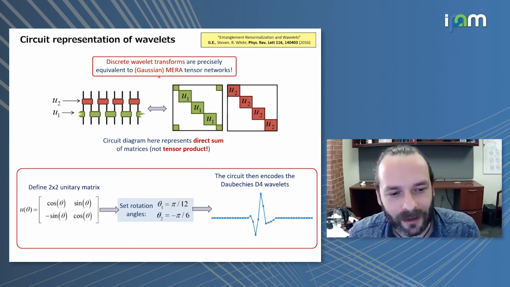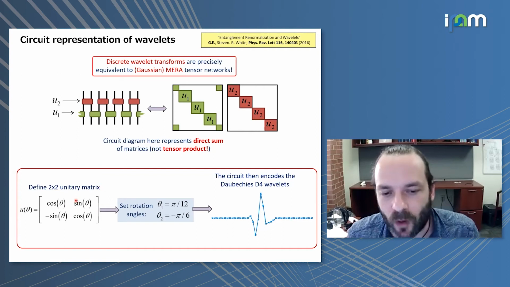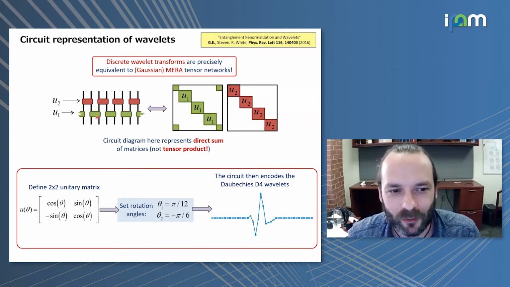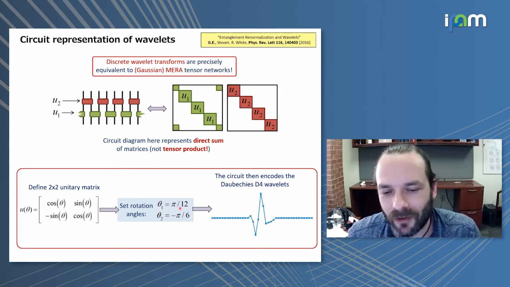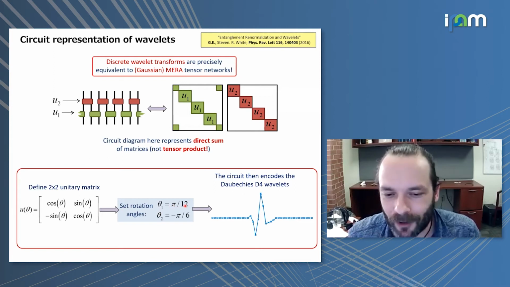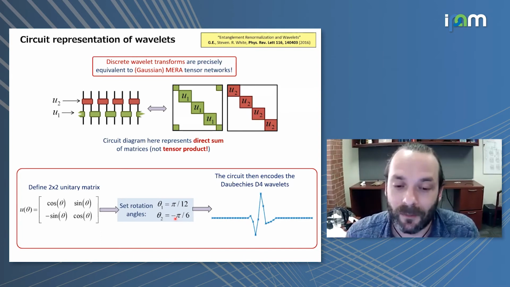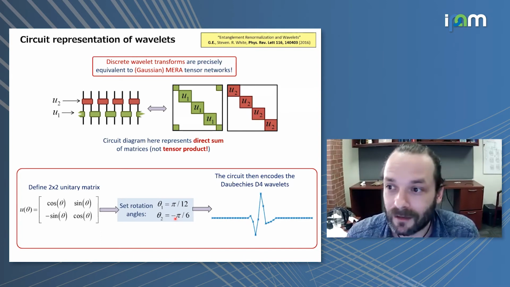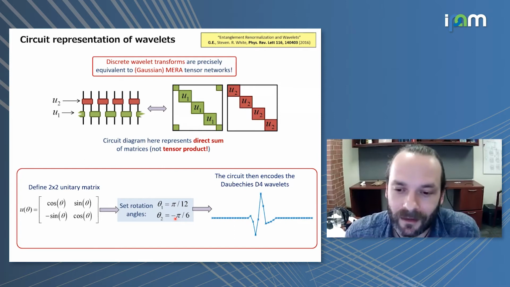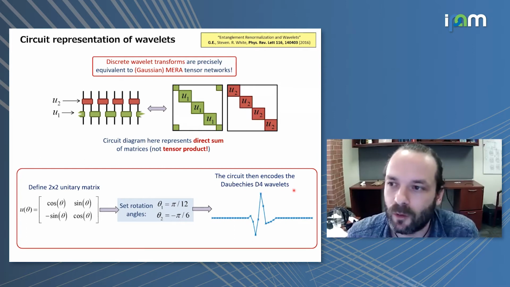So in this case, if I have a 2x2 unitary matrix, I have one free parameter, a free angle. If I build a unitary circuit and fix the two angles in U1 and U2, if I choose them in a certain way, so pi over 12 and minus pi over 6, then the circuit that I build from these gates is, as I said, exactly describing the Daubechies D4 wavelets.